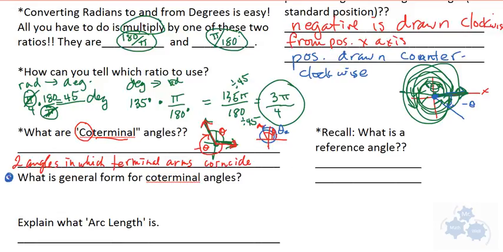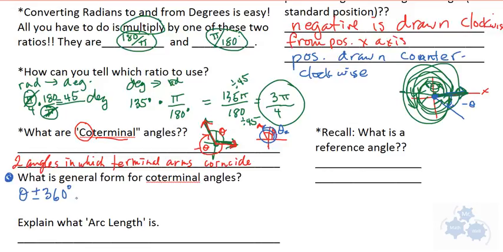What is the general form for any coterminal angle? Well, if you have any angle and you add or subtract a full rotation, that's a general form.